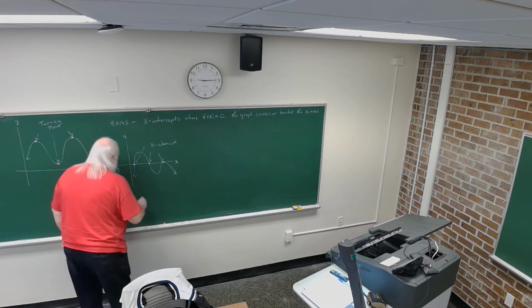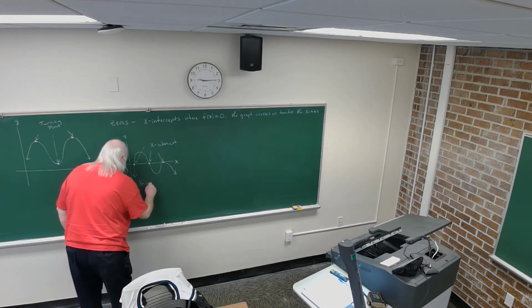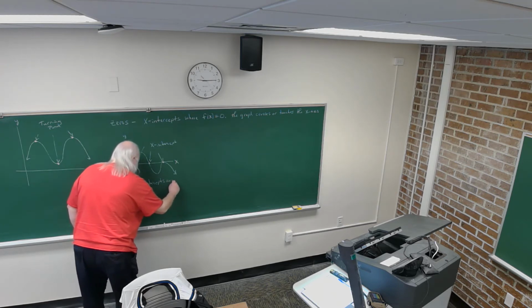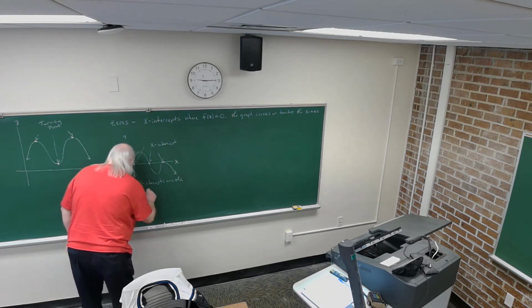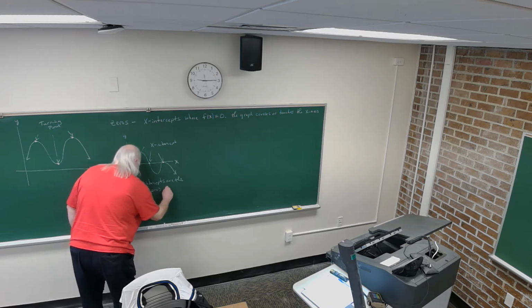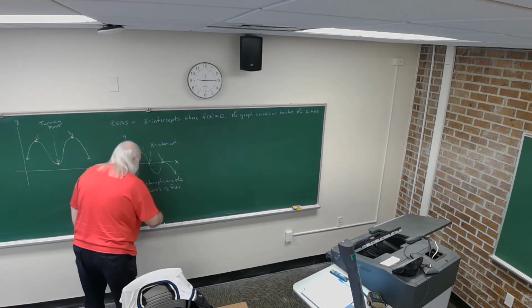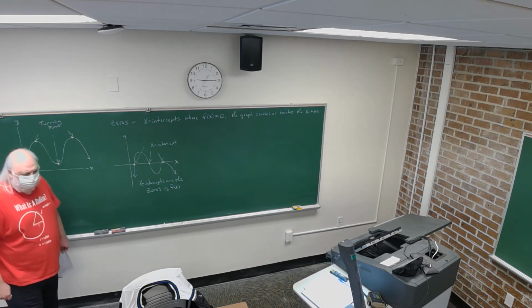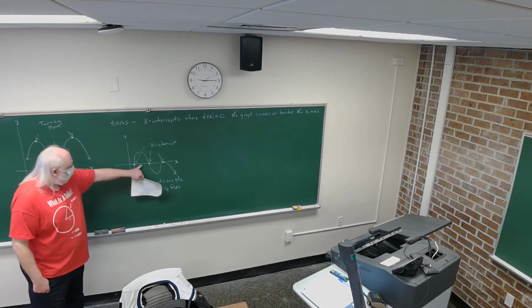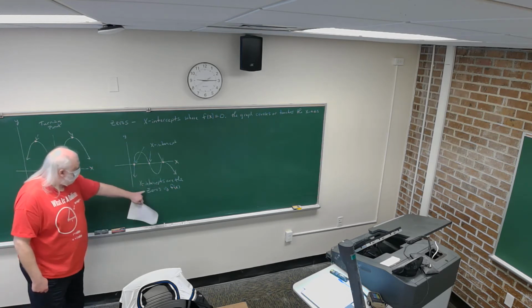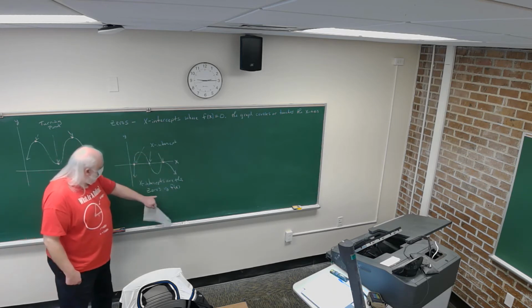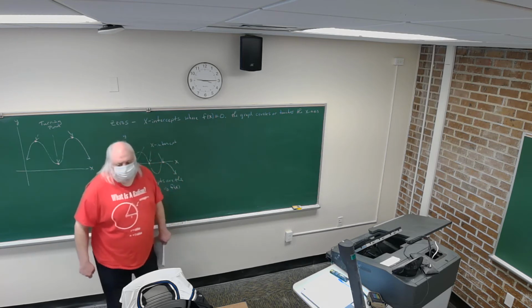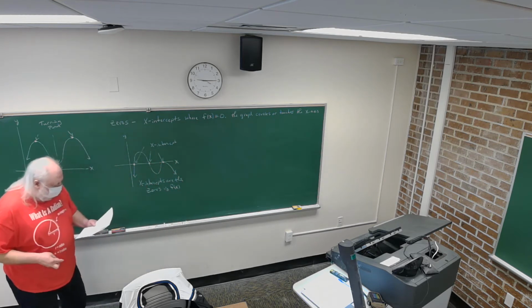So x-intercepts are the zeros of f of x. They have a dual meaning. Those values of x where it crosses and touches the x-axis are also the zeros of the function, because when you plug that number in for x, f of x equals 0. The value of the function is 0.